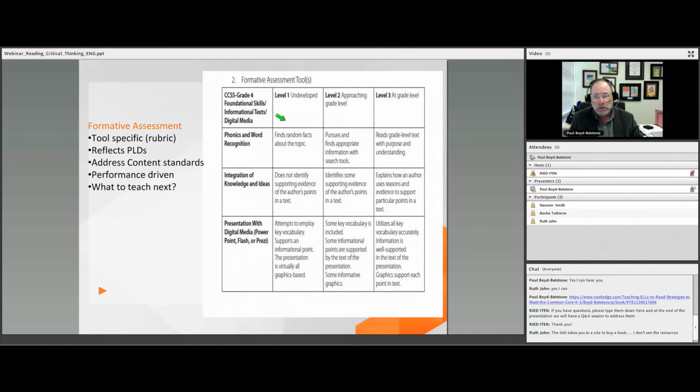And here's my assessment tool, where I'm looking for what level 1 students are doing, level 2 and level 3, in terms of foundational reading, in terms of thinking, and also in terms of the quality of their presentation.